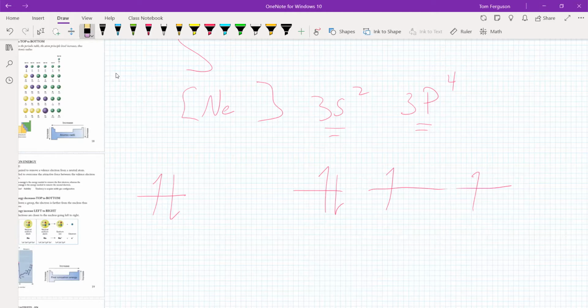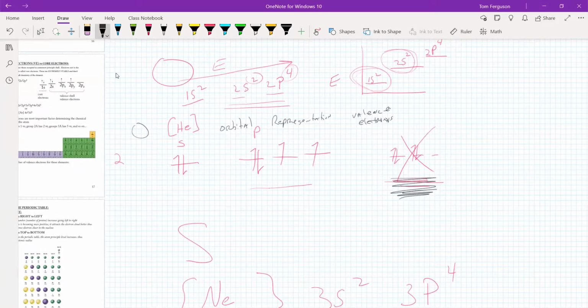Okay, so that's sulfur. Now, another thing is just a little comment. This is a pair of electrons, single electron, single electron. So sulfur has 2 pairs, 2 singletons.